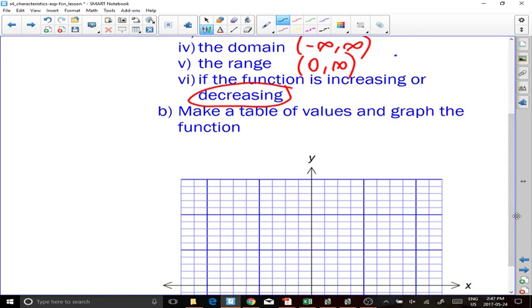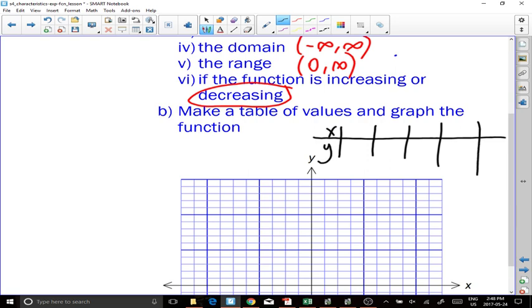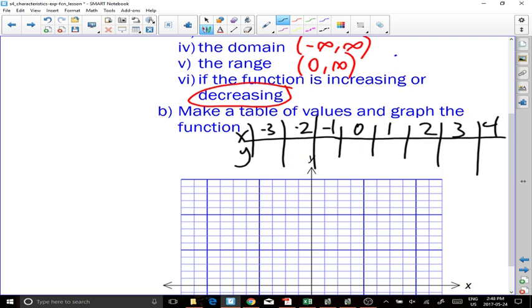So listen, if we were to make a table of values here, I want more values to be possible. Okay, here we go. I'm going to go -3, -2, -1, 0, 1, 2, 3, 4.